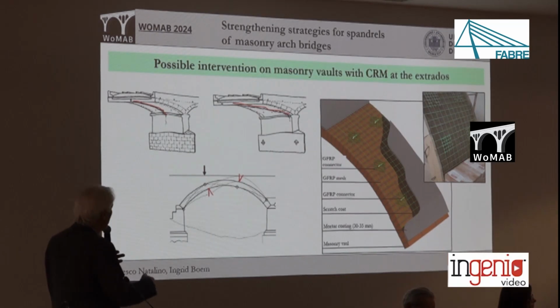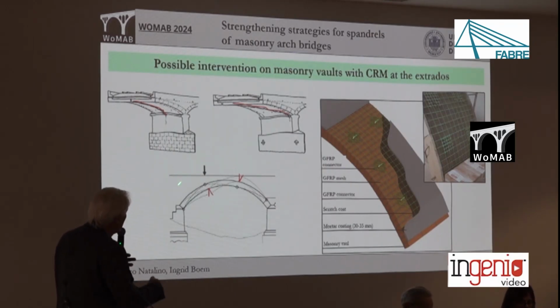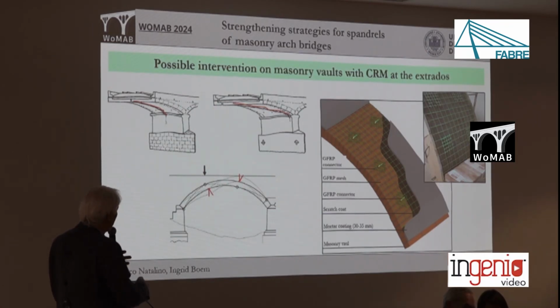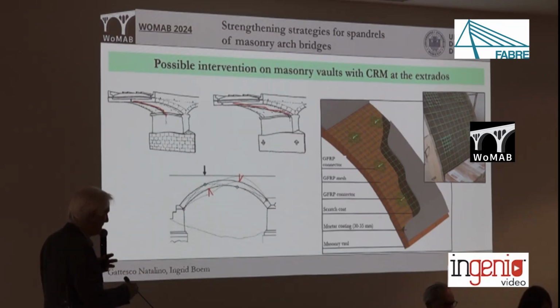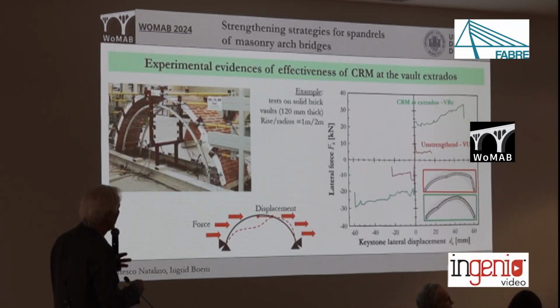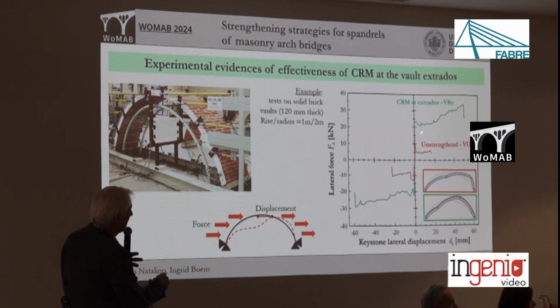If we apply it on the extrados or the intrados, the reinforcement contrasts the opening of the crack, and we note a significant increase in resistance, as is evidenced in this graph. This is the unstrengthened wall, and this is the reinforced wall.